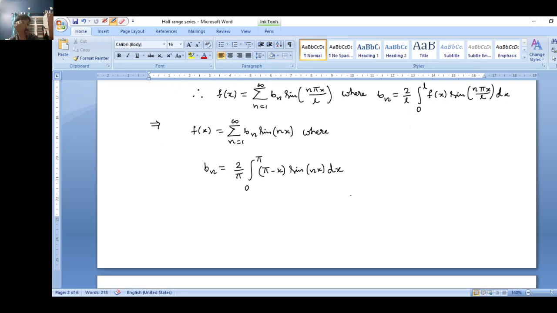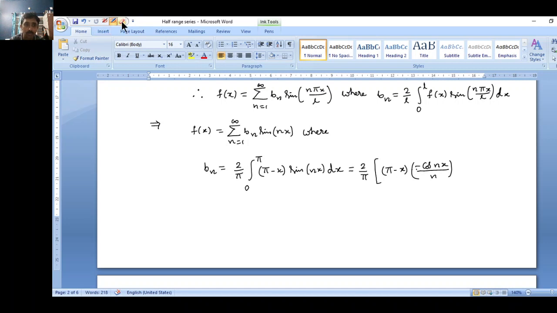Right? Now the rest of the solution of the problem lies in integrating this function pi minus x into sine nx, and of course I would simply go for Bernoulli's rule. So using Bernoulli's rule, I see that the first term would be pi minus x into integration of sine nx, which is minus cos nx whole divided by n.